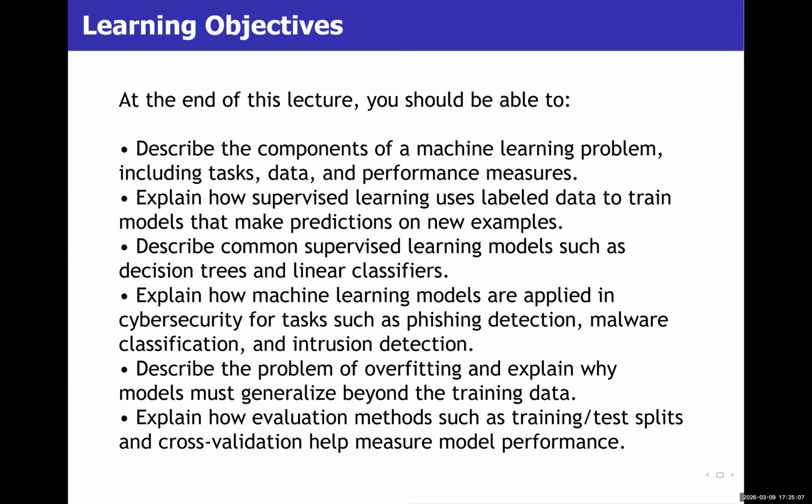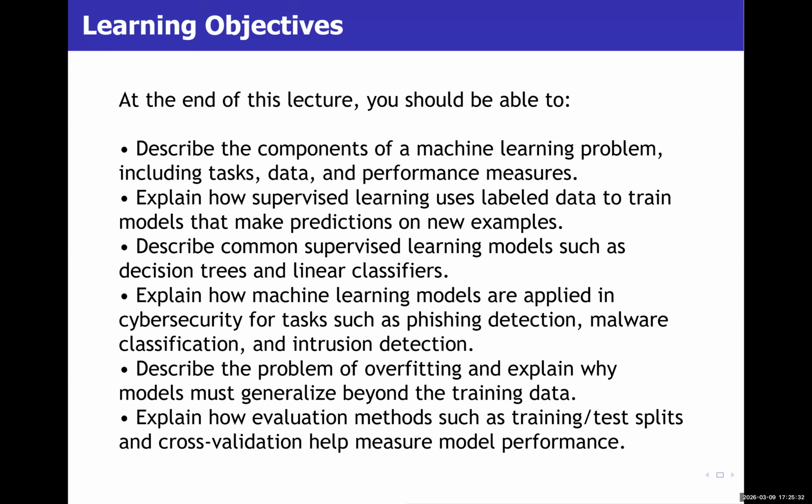role of data, tasks, and performance measures. You should also understand how supervised learning systems use labeled examples to train models that can make predictions about new data. And we will look at two common types of models used in supervised learning: decision trees and linear classifiers.